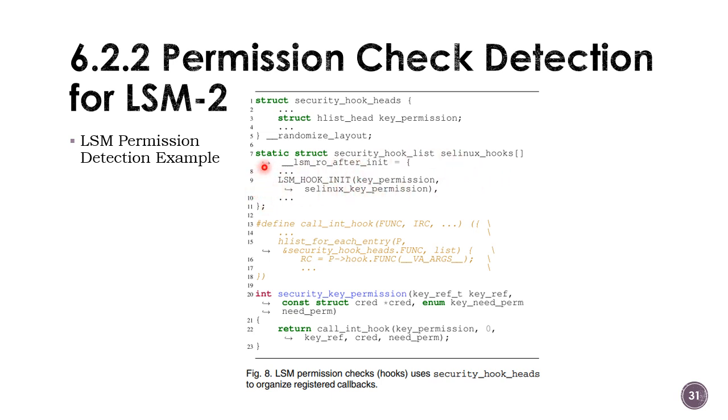And this is the macro inside this function. And inside this security_key_permission, they also call the key_permission as the argument parameter to call the call_int_hook, the built-in Linux kernel macro. So both here the call_int_hook and here for the selinux_hooks, we have LSM_HOOK in it.